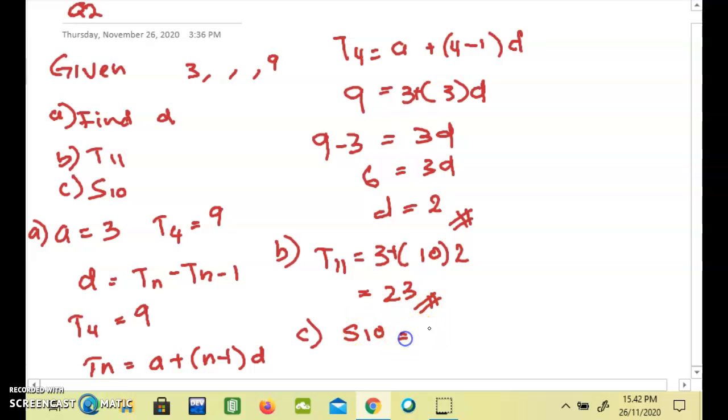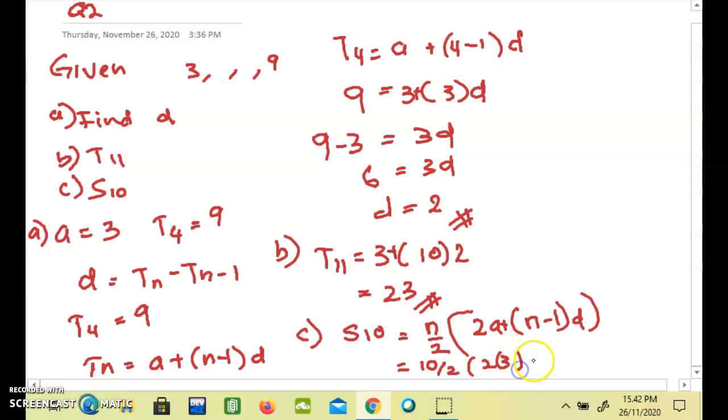Okay, so the formula is n over 2 multiplied by (2a plus (n minus 1) d). Okay, so 10 over 2 times (2 times 3 plus 9 multiplied by 2).